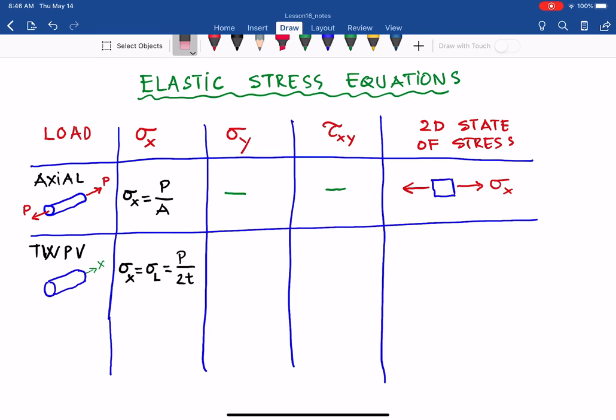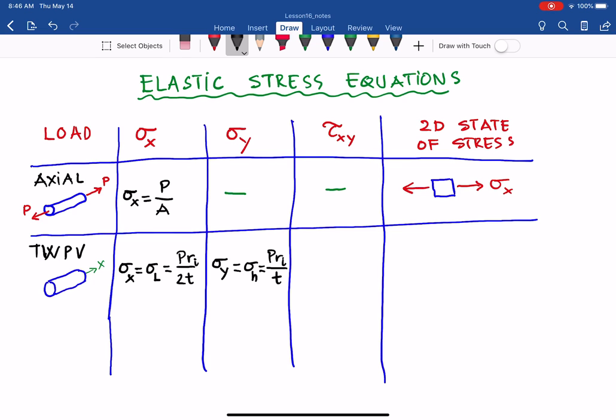To be specific, r_i is the inner radius of the tank. And sigma y, also sigma 1, is equal to the hoop stress, and that equals P r_i over t, the thickness of the wall.